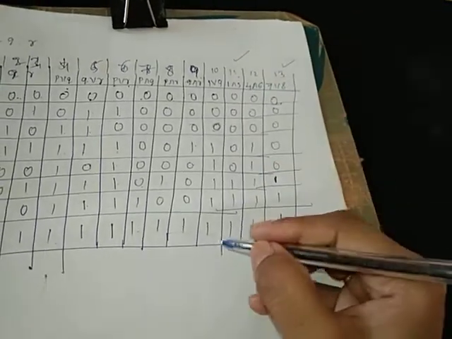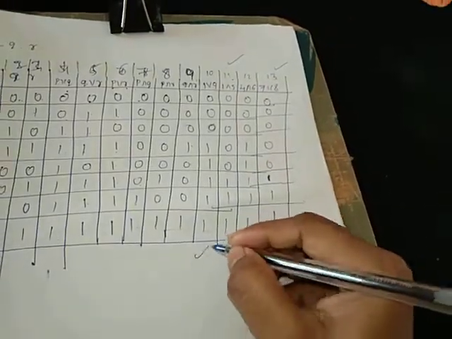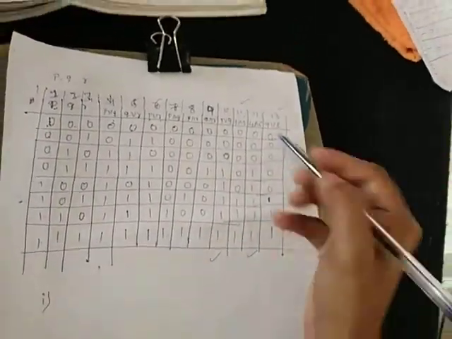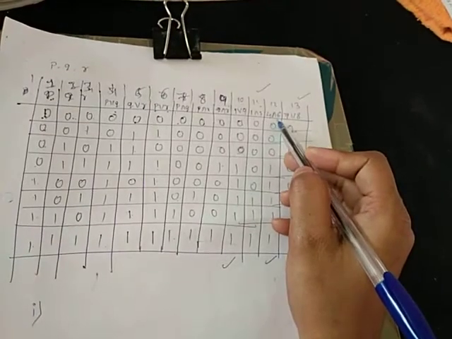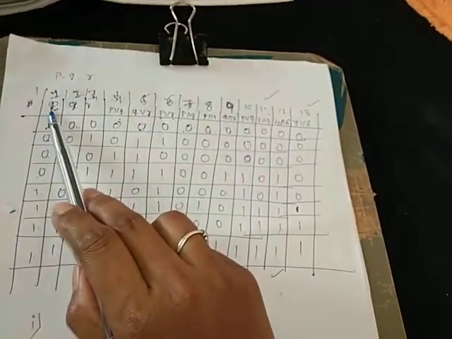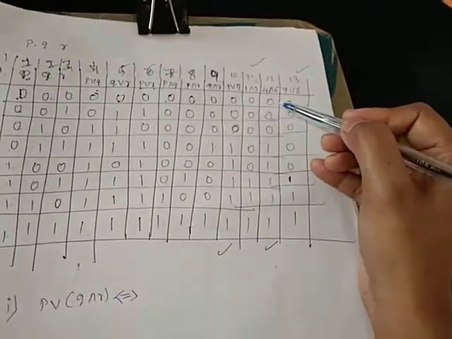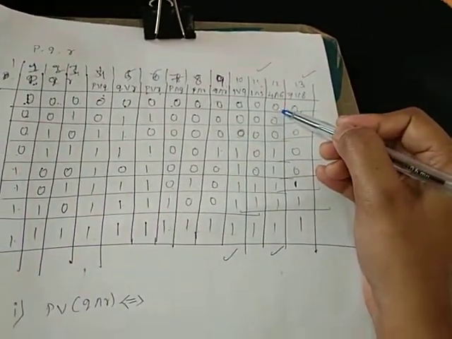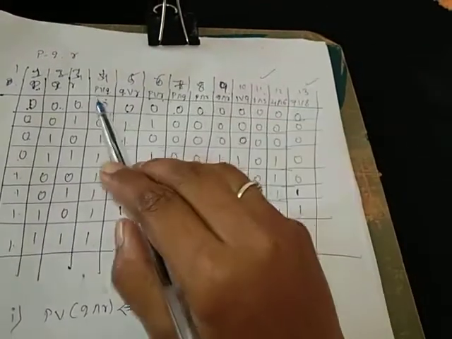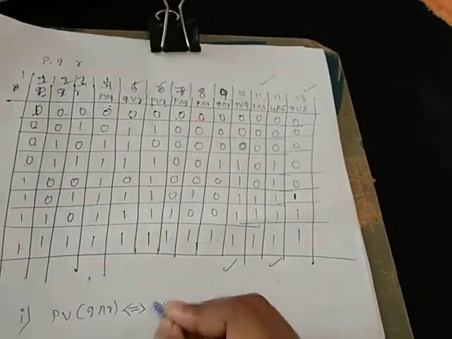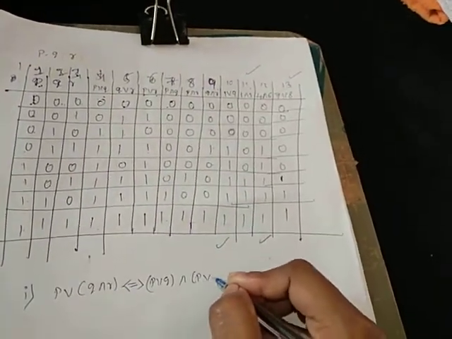In the same way, 10 and 12 are identical. 10 is 1. 1 means P or 9, and 9 means Q and R, which is equivalent to 12. 12 is 4 and 6, where 4 is P or Q and 6 is P or R.